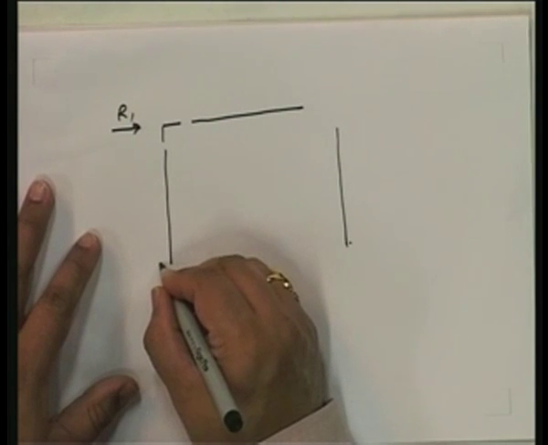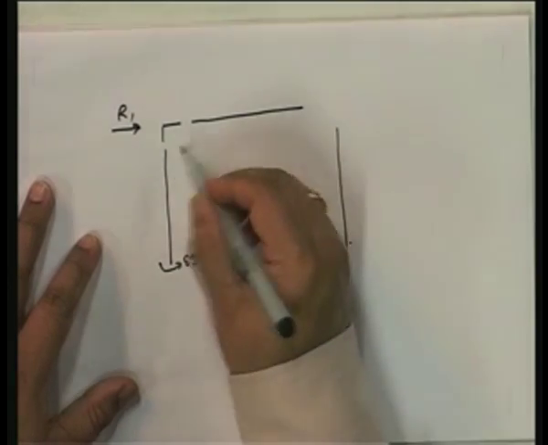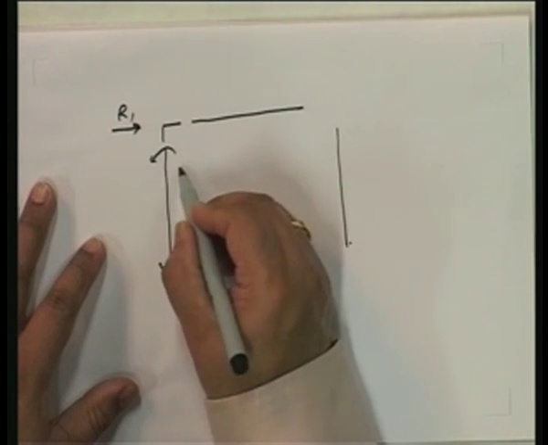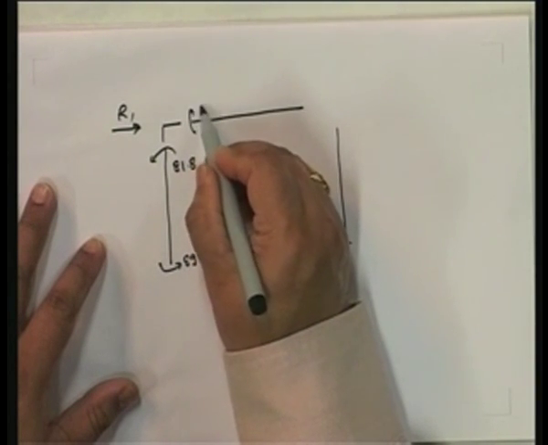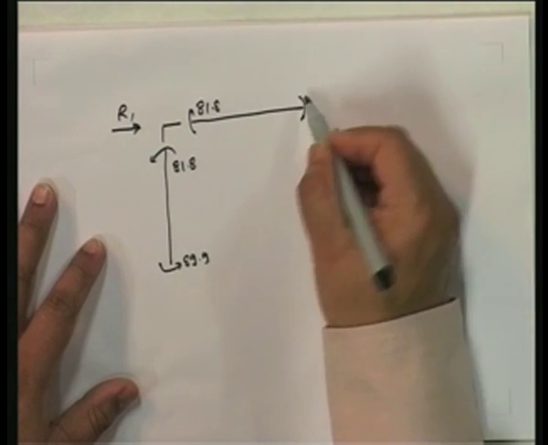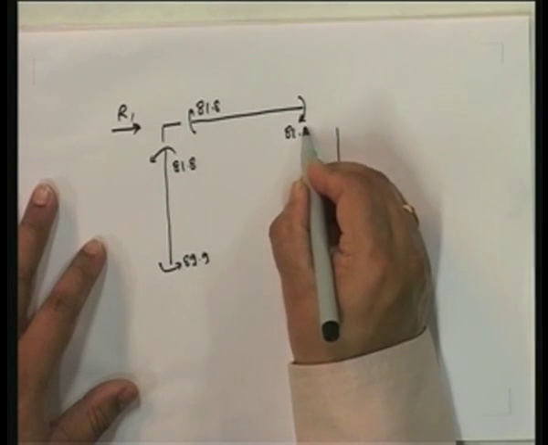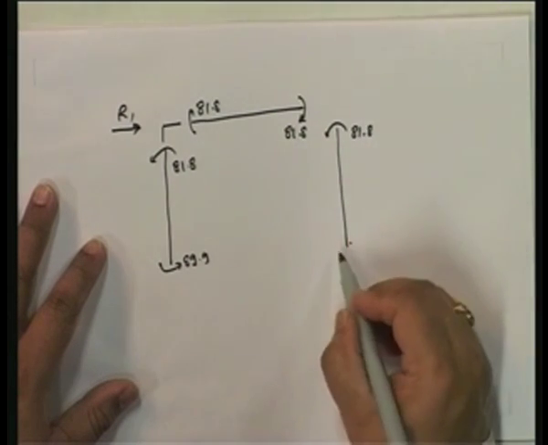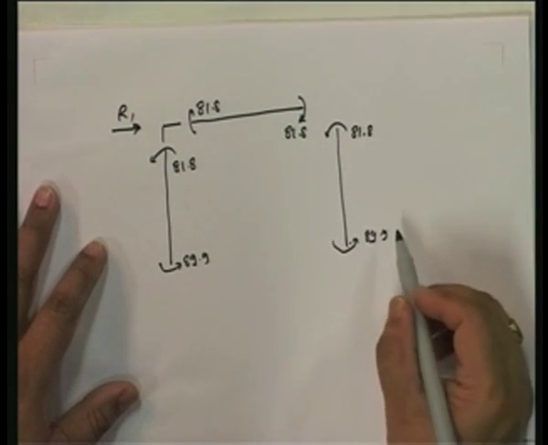This is going to be equal to plus 89.9, 81.8, 81.8, 81.8, 81.8, 89.9.